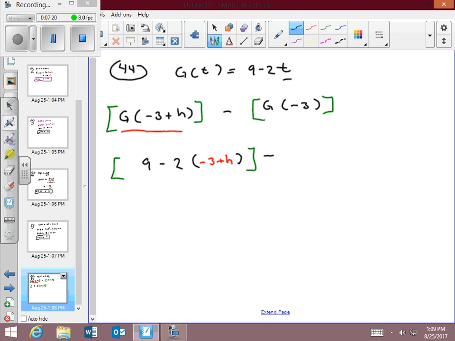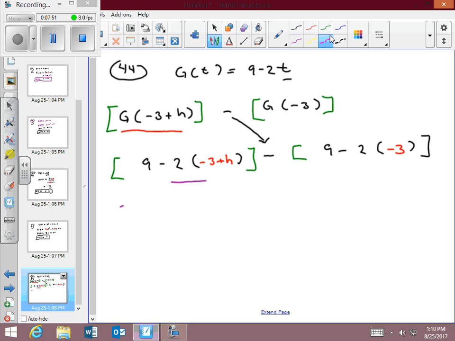And it's this minus right here, and I'll bracket that. And now the G function says 9 minus 2, and wherever the t is, I'm going to put minus 3. Now I'm going to expand what's inside here.